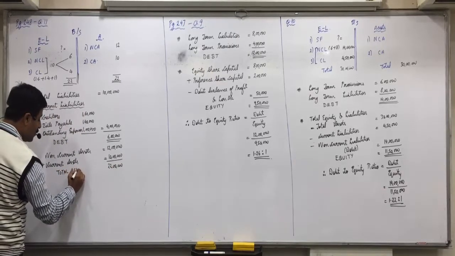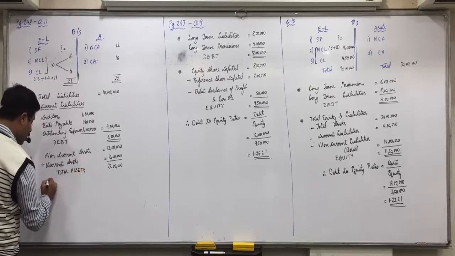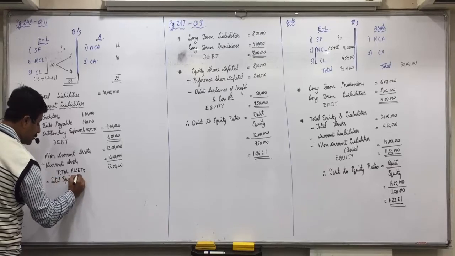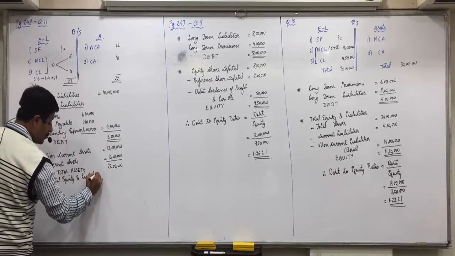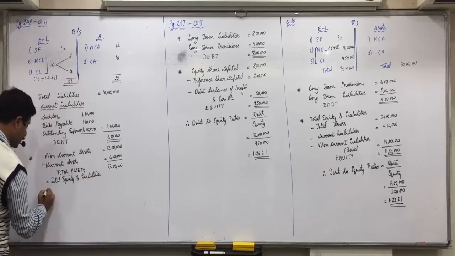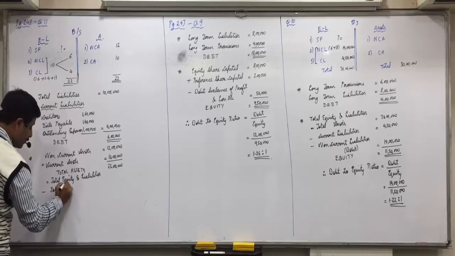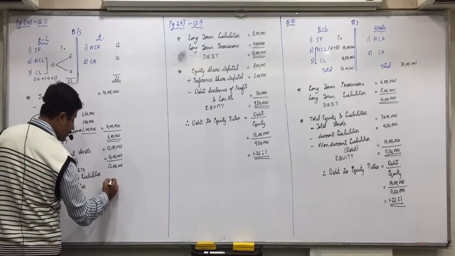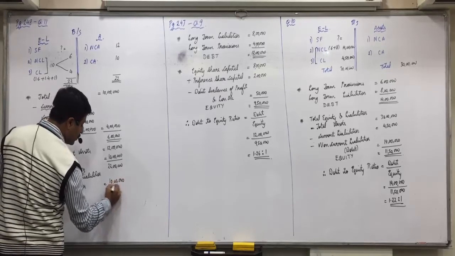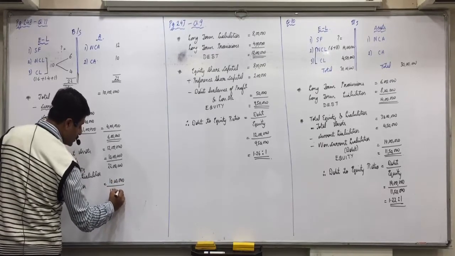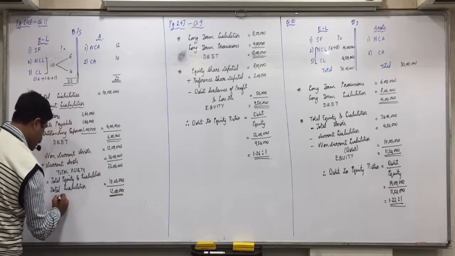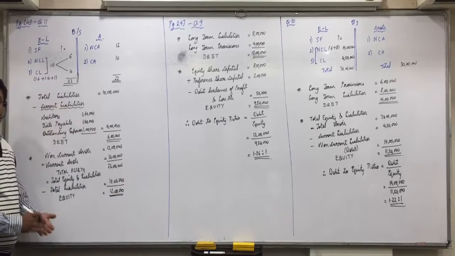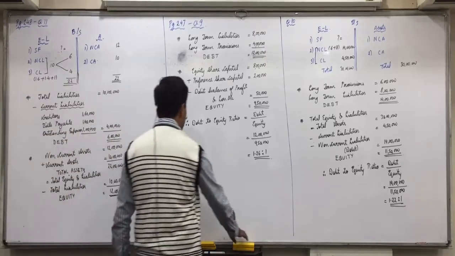And total assets will be equal to total equity and liabilities. So from that, if you minus total liabilities, which are given in the question as 10 lakhs, then equity will be 12 lakhs. Is every one of you clear with this? Yes, sir. And now we can apply the formula of debt equity ratio.